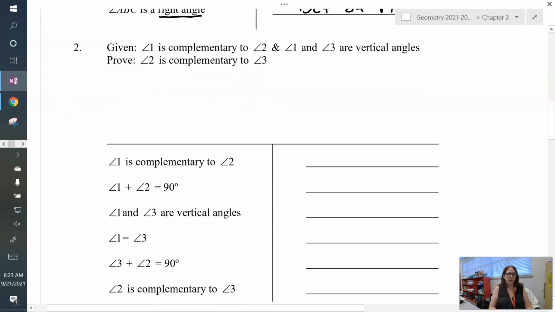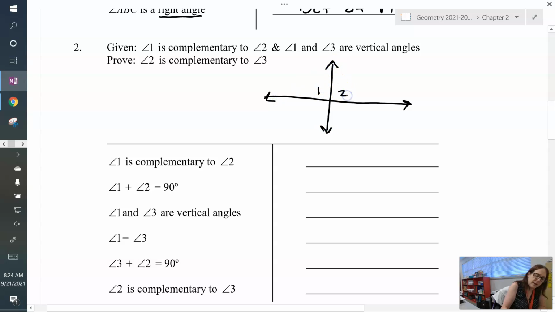Next proof. Given angle 1 is complementary to angle 2, and angle 1 and 3 are vertical angles, prove angle 2 is complementary to 3. Draw a picture. We call this angle 1, that's angle 2, and we are told they're complementary.